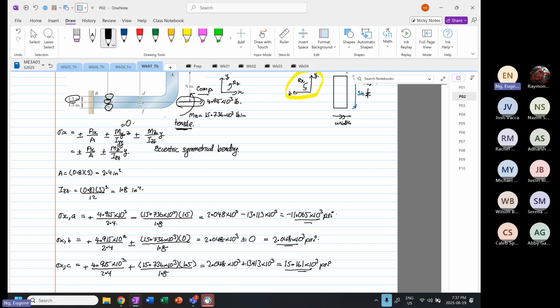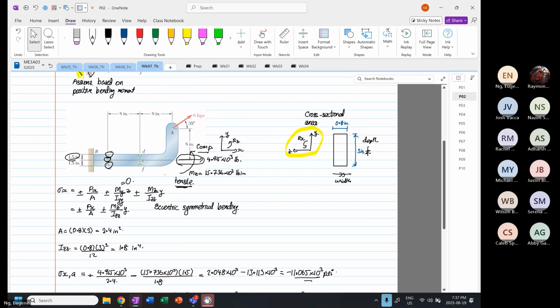So you can see that the answer is the same in magnitude, but the normal stress X at point C, the positive tensile stress, is higher than the compressive stress.